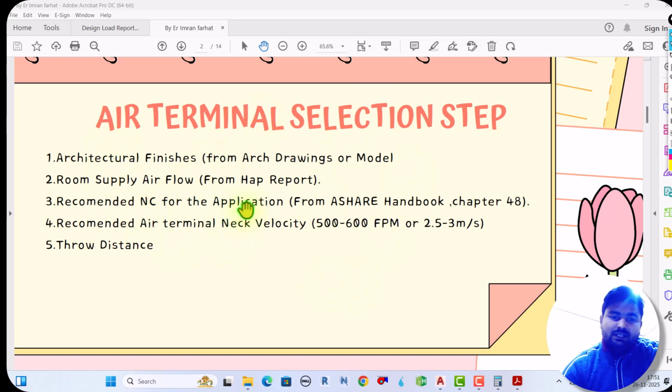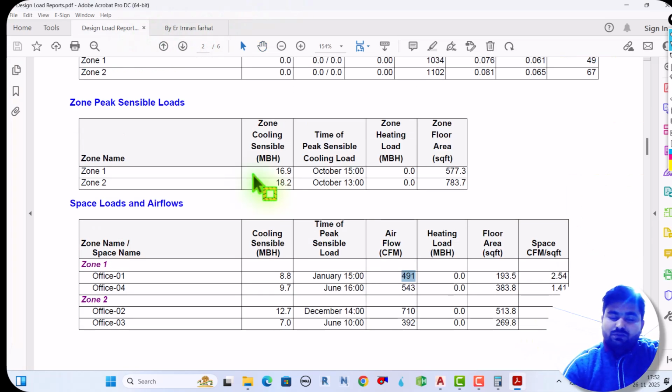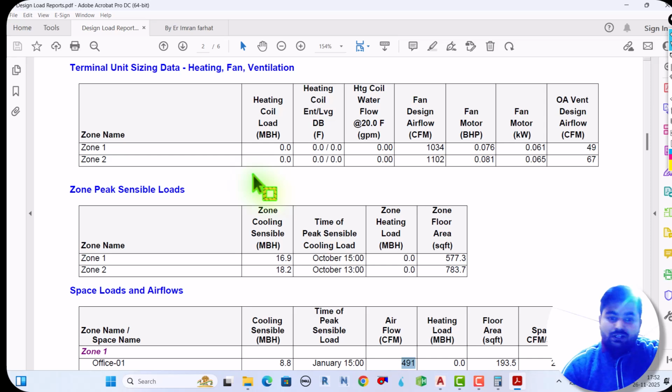In next I will show you about how to place the air terminal and select the air terminal sizes, with the help of software or with the catalog.